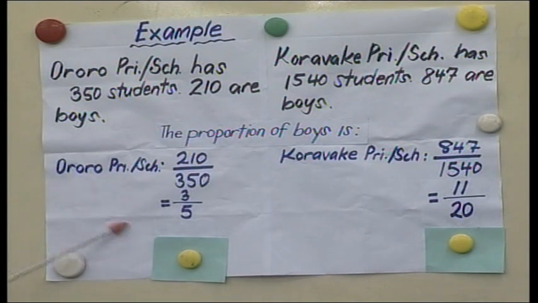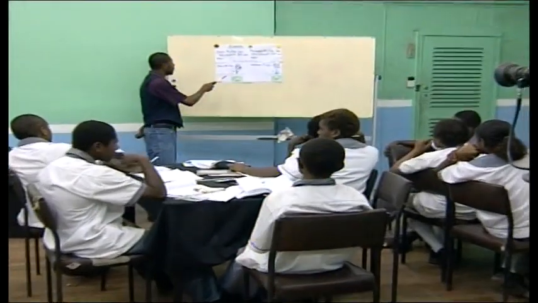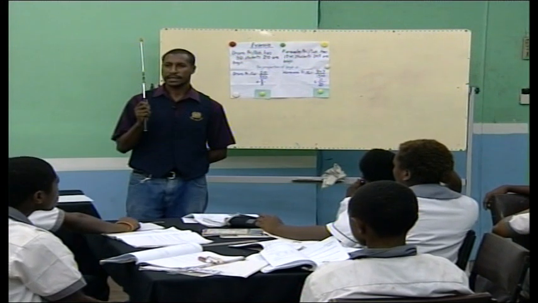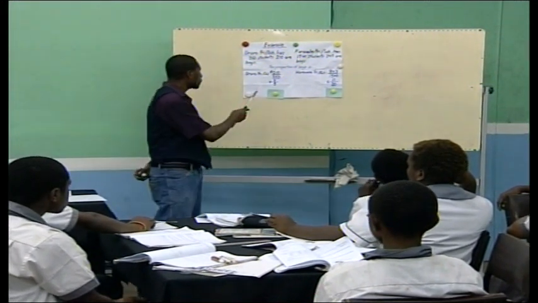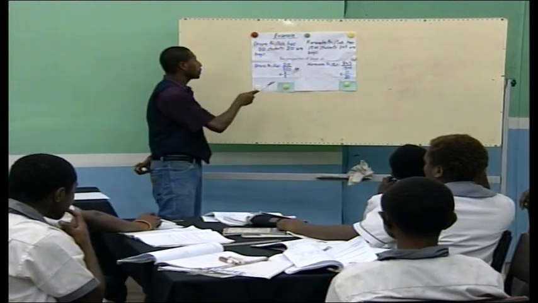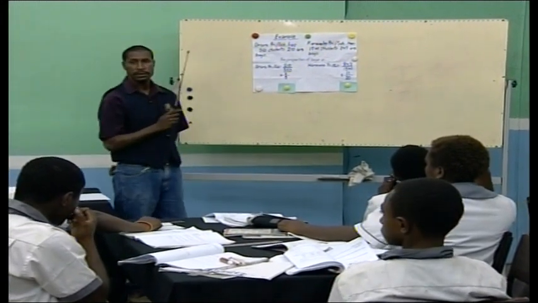Is it Aurora Primary School or Korawake Primary School? Raise your hands up, receiving students and 7Es, if you think it is Korawake Primary School. Good. Raise your hands up if you think Aurora Primary School has the higher proportion of boys.